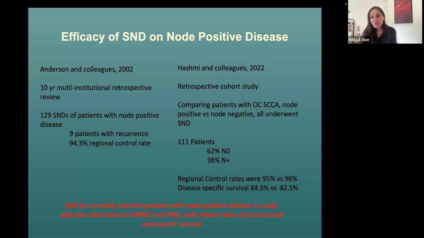And their regional control rates were similar among the 2 groups, 95% versus 96%. So no statistical difference there. And their overall disease-specific survival was also similar, 84.5% versus 82.5%.